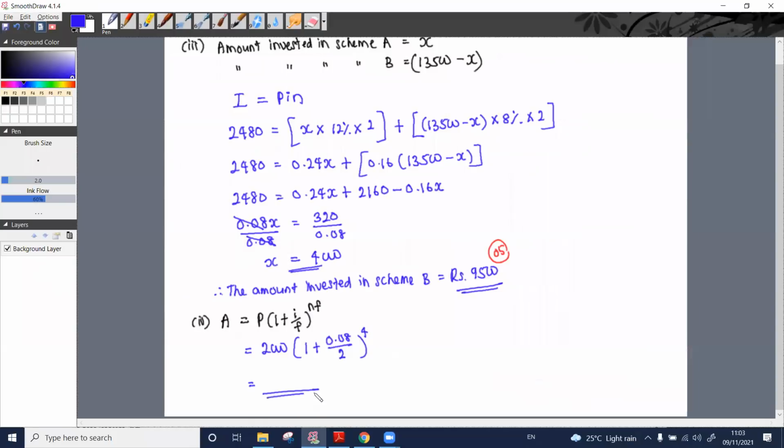Therefore, the amount at the end of the second year should be 2,339.71.